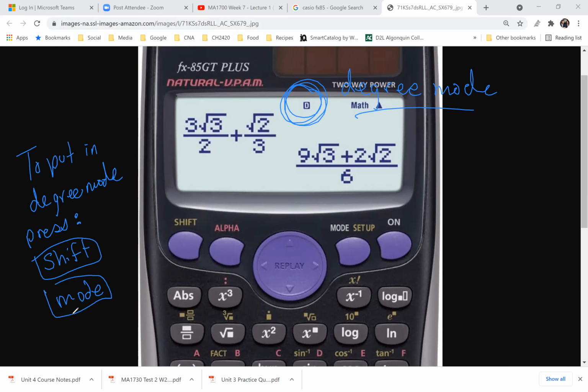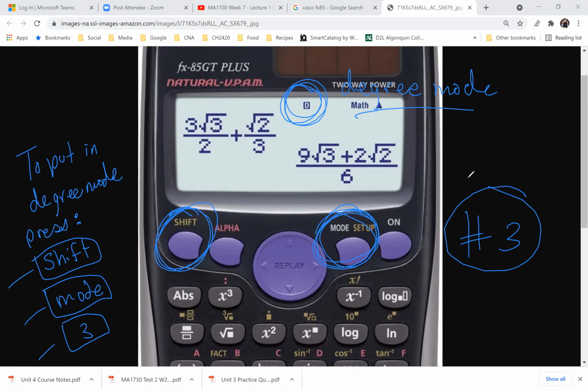I'll show you where these buttons are, and then you would press the number 3. On your screen, you're going to see a bunch of numbers: 1, Math IO; 2, Line IO; 3, Degree; 4, Radians. If you press 3, it will turn itself into degree mode. So if you press Shift, Mode, and then the number 3, you will get degree mode.